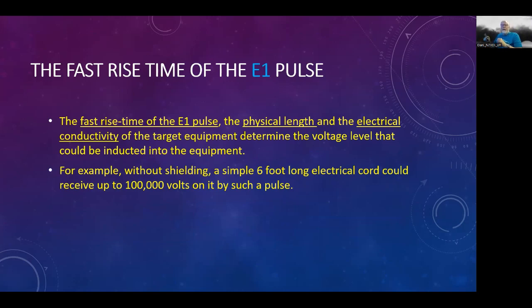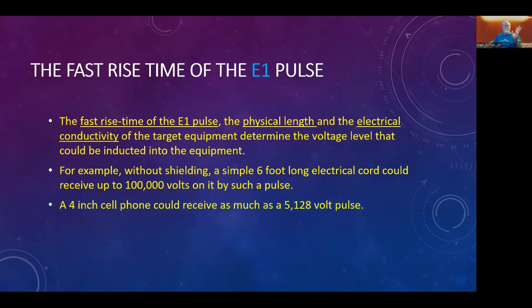As an example, take a simple 6-foot-long electrical cord that may or may not be plugged into the outlet, I don't care. A simple 6-foot electrical cord can receive up to 100,000 volts from the E1 pulse, and it doesn't even have to be plugged into anything.